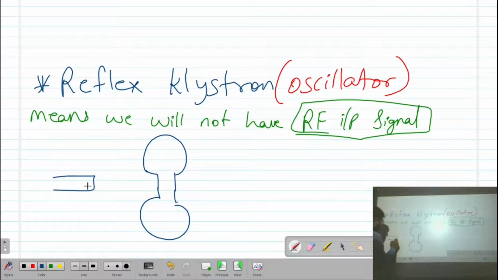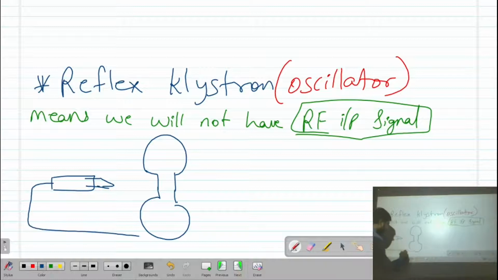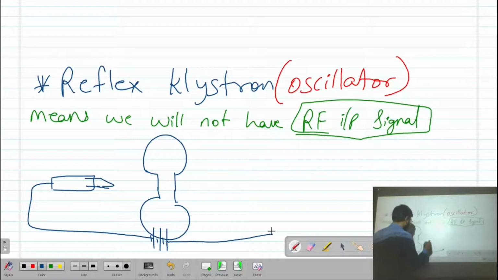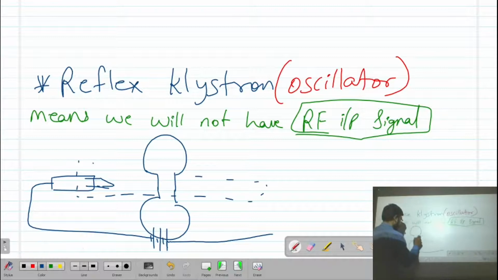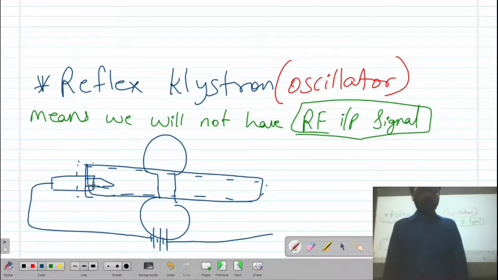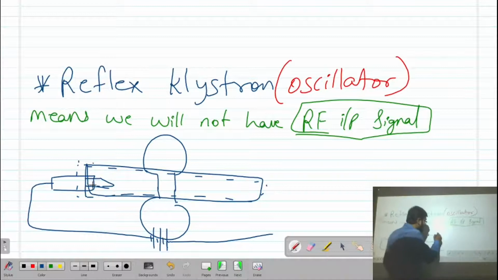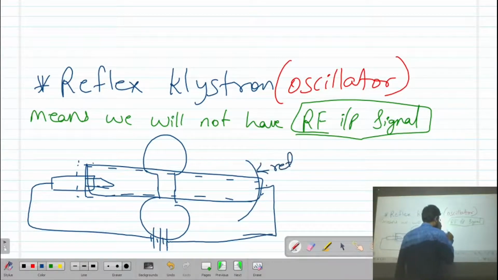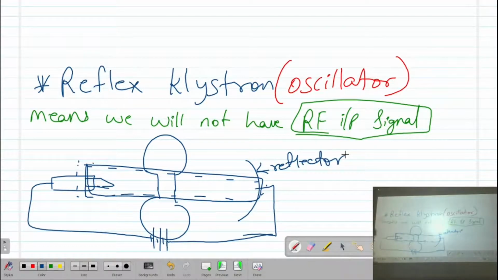The rest of the parts will be the same: the electron gun will be there, connected to a power supply, and this kind of cavity will be there. What is going to be added is a reflector.